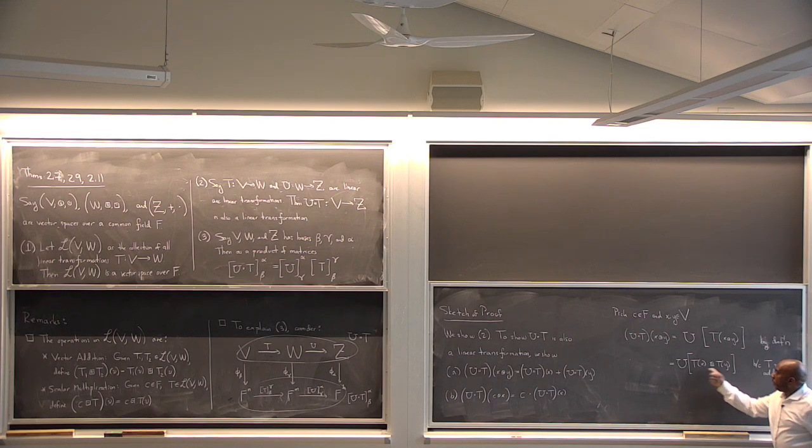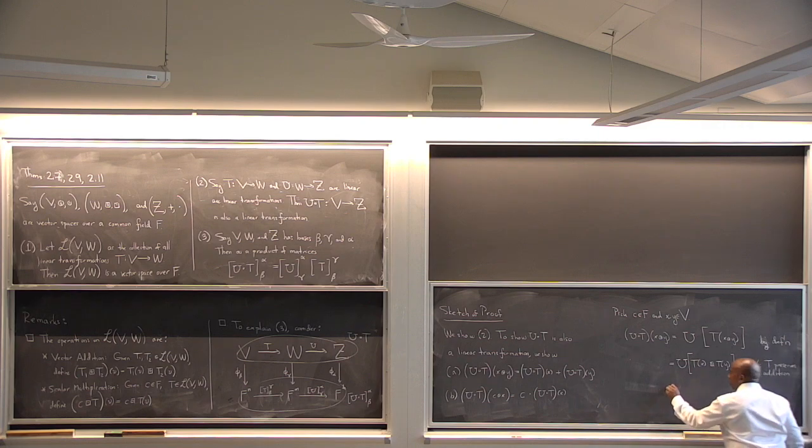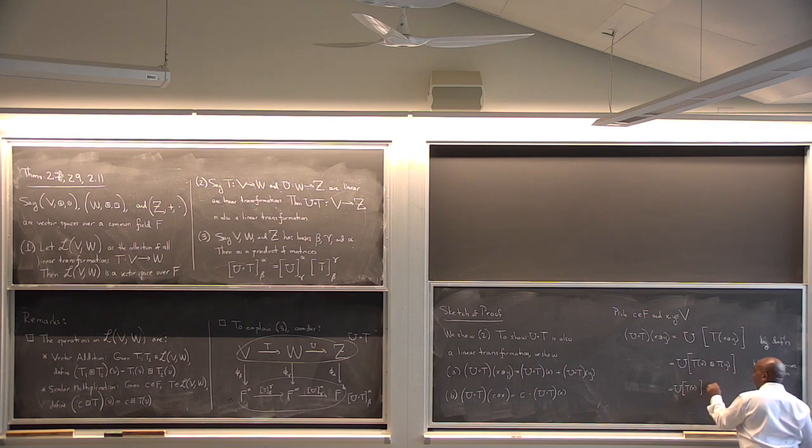But now here I have the sum of two elements in W. So I'm going to write this image as the sum of two elements in Z. And of course, this is because U preserves addition.